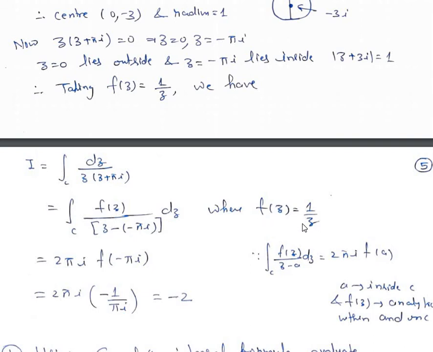So by Cauchy's integral formula, this is 2 pi i into f at minus pi i. Now because f(z) is 1 upon z, f(minus pi i) is minus 1 upon pi i, which is equal to minus 2.